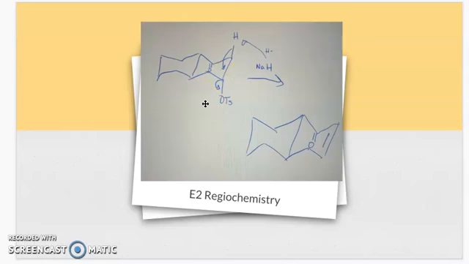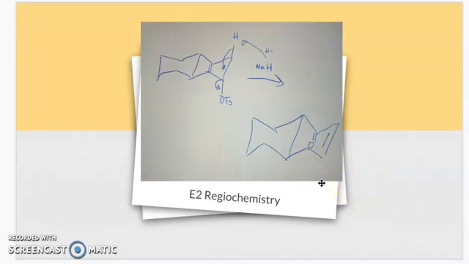So a beta proton is extracted because the electrons from this bond must be able to form a pi bond, specifically with the carbon that contains the leaving group. The carbon with the leaving group is going to lose a bond, so it must gain a bond in exchange. This is the pi bond, as we can see here, with the tosylate ion gone, floating around here.